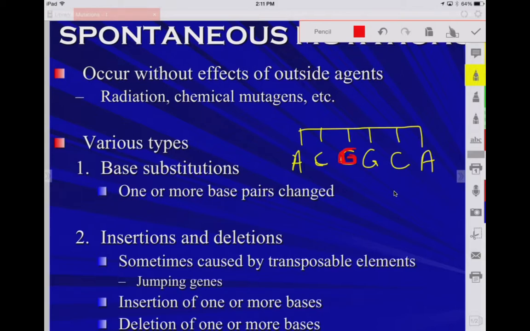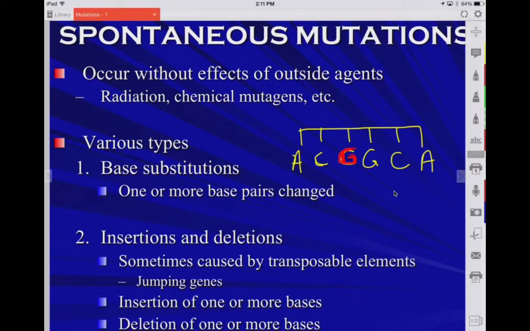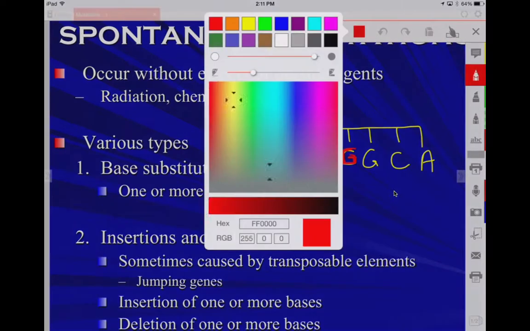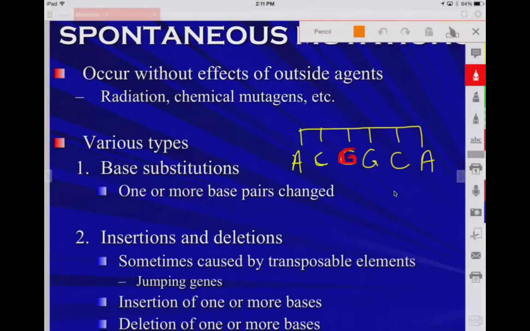What we would have expected to get originally, and I'll just choose an opposing color, we'll start with orange, you would have initially expected on mRNA to get U, G, and I think that was originally a C. There we go, UGG, and CGU.